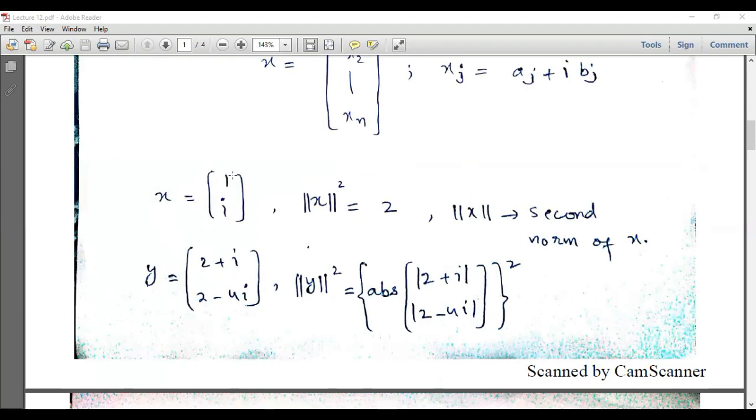Now the second norm of this complex vector x will be written as x with two vertical bars surrounding it, right? So this is called the second norm. Now, what is the definition of the second norm? First, what is the definition of the first norm?